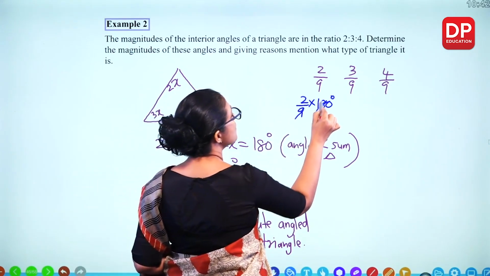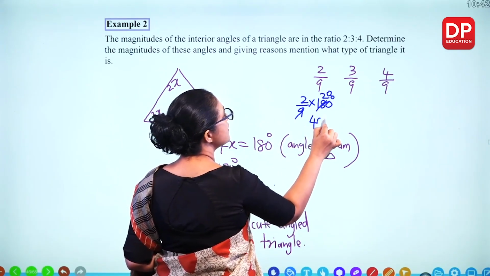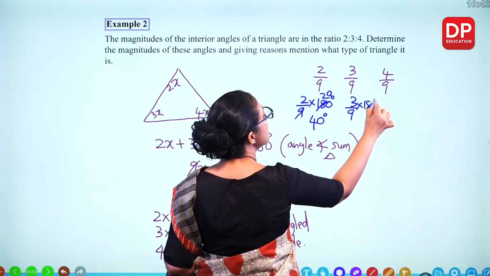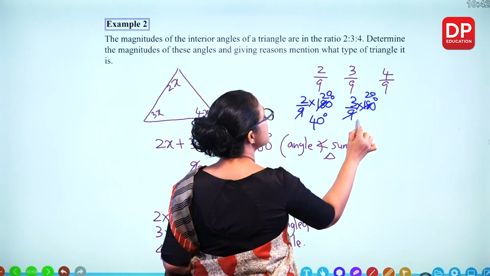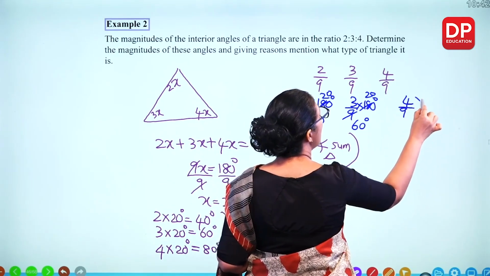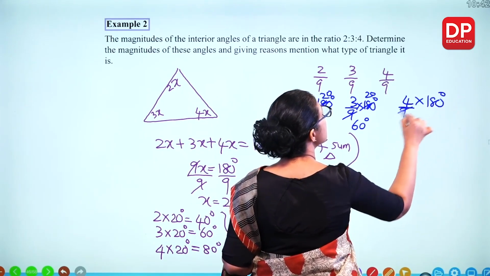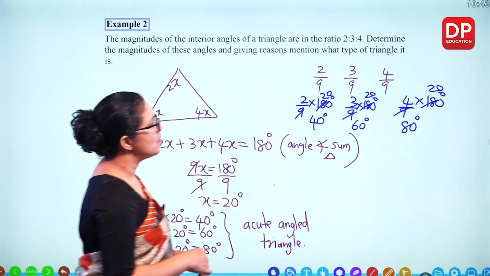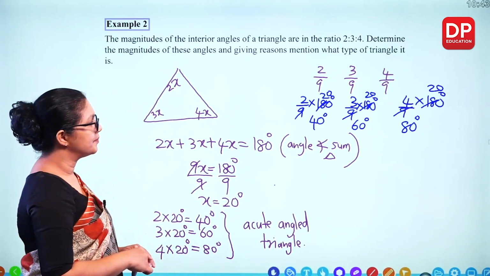So 40 degrees. 3 ninths of 180, you get 60 degrees. And 4 ninths of 180 degrees, that's 80 degrees. So you get the same answer.